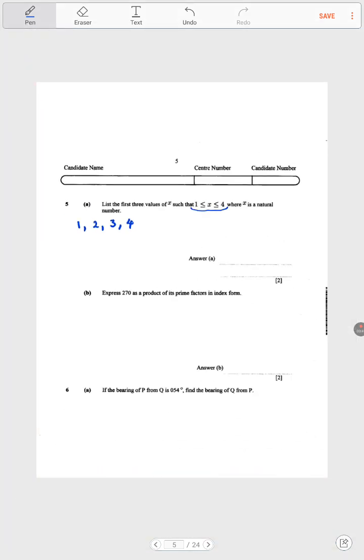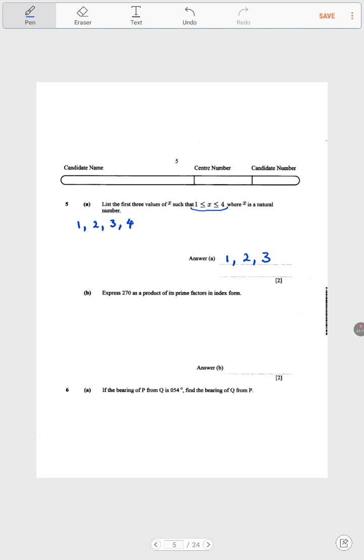So if they say list the first three values of x, the first three values would be 1, 2, and 3, because these are the counting numbers that appear from this inequality.